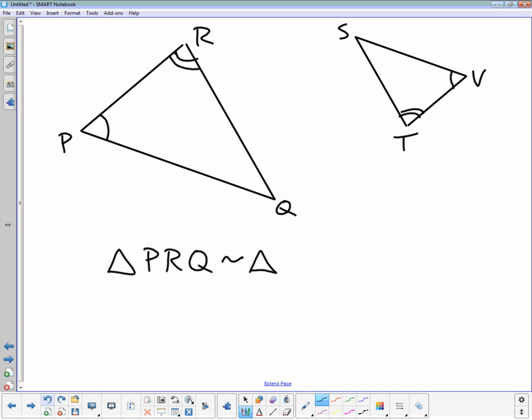The single tick mark on P tells you to go to the single tick mark at V. And then R goes to T, and then Q goes to S. All right. So tick marks are critical.